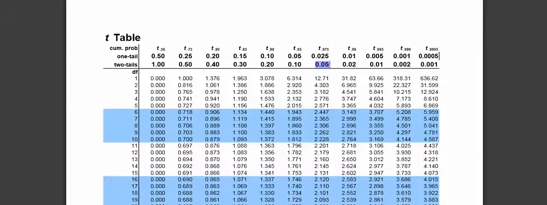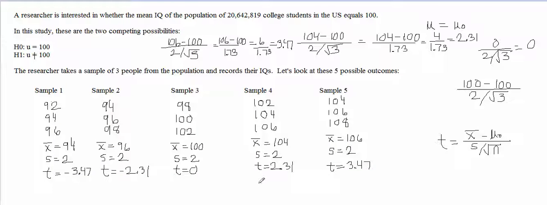You almost always go to 0.05 for the critical value. And then we get 4.303, which means our positive critical value is 4.303. And our negative critical value is negative 4.303.